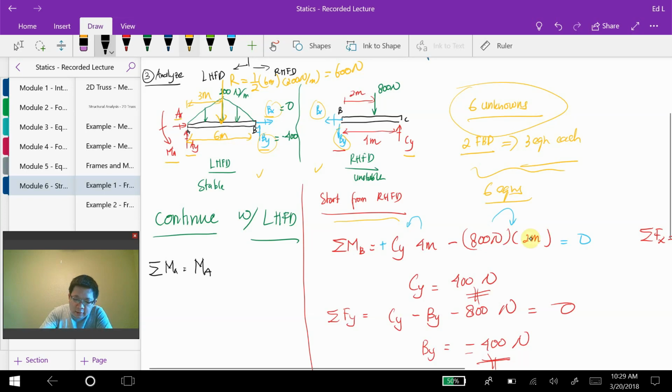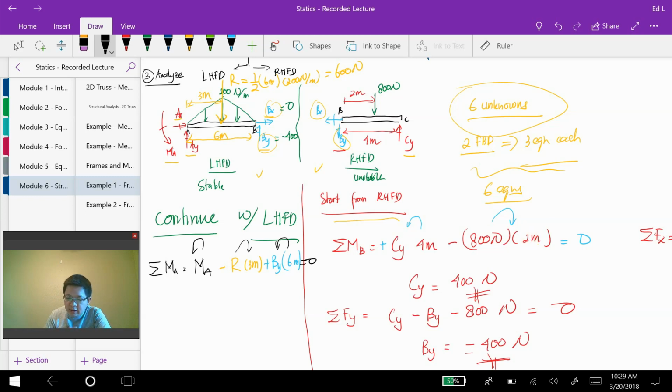Then we have negative R times 3 meters, and then we have By times 6 meters. MA is counterclockwise, so it has a positive sign. R is clockwise with respect to point A, so it has a negative sign. By is counterclockwise, so it has a positive sign.